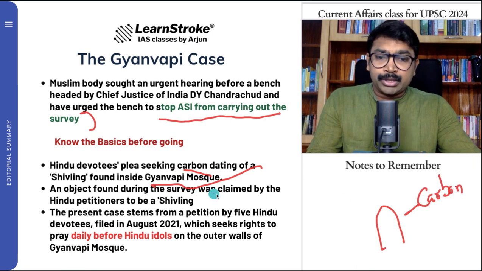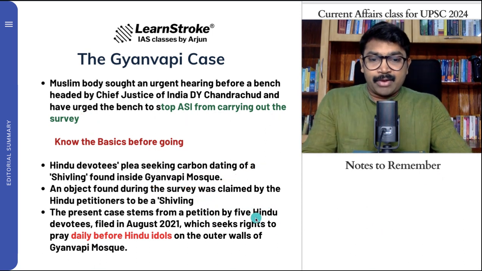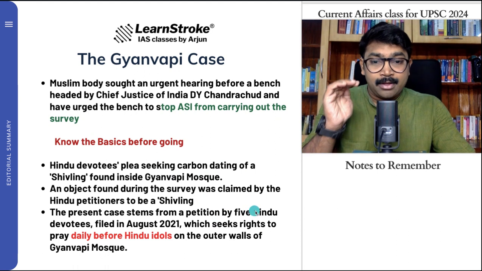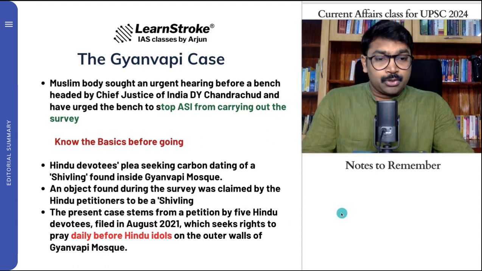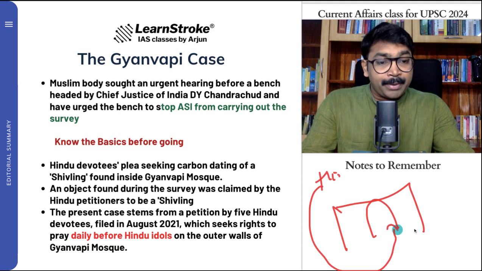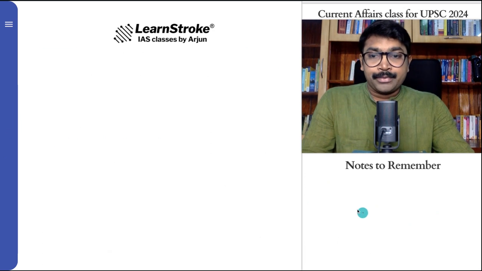An object during the survey was claimed by the Hindu petitioners as a shivling. Previously, photographic surveys have been done, and in the present case, 5 Hindu devotees filed in 2021 seeking the rights for daily prayer for Hindu idols on the outer wall. So this is the wall, and on the outer wall you have the Shivlinga. Hindus are requesting that every day they need permission to go and pray. So that is the main important case that we need to understand here.